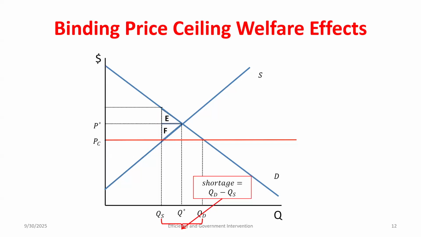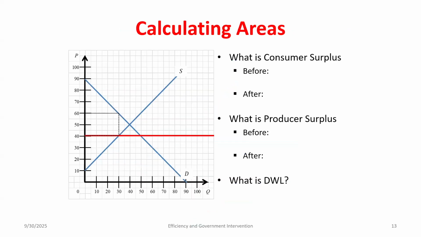All right. So we're calculating these areas. What would this look like with some actual numbers? Let's say I have this price ceiling of 40. Consumer surplus is what shaded area here? Well, I said it's the shape on top, and I've been color coding consumers as those blue areas, the difference between the new price and their demand curve.